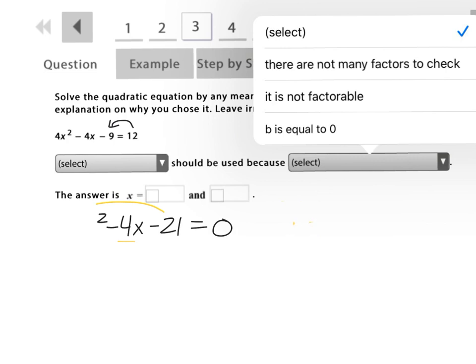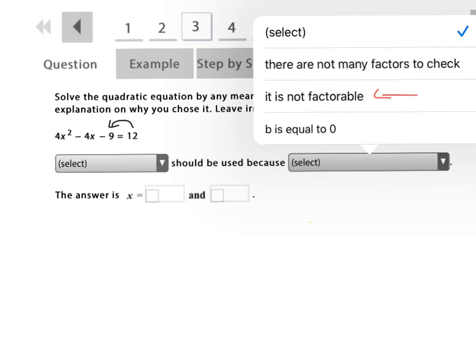All right, so now what do we do? Well, you can't take the square root because b is not equal to 0. So what they want you to do here is think about doing the quadratic formula or completing the square, because it's not factorable.